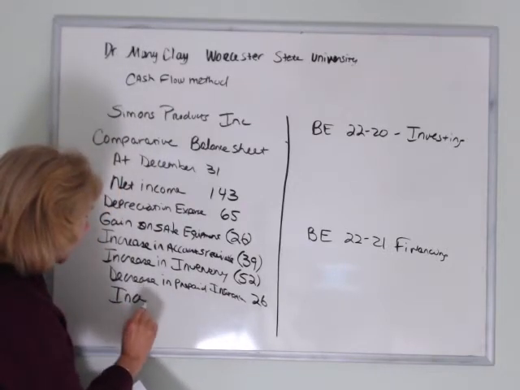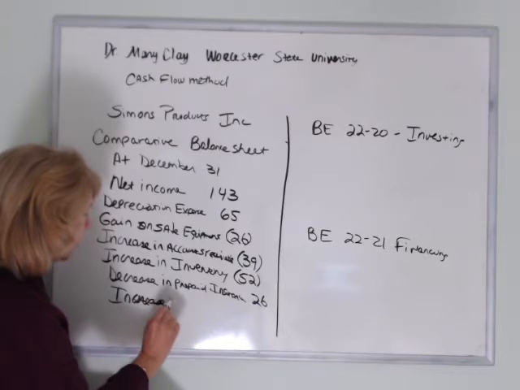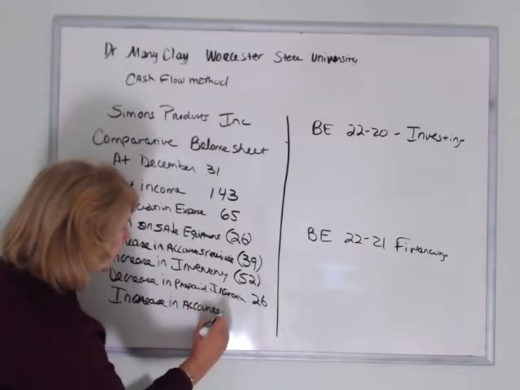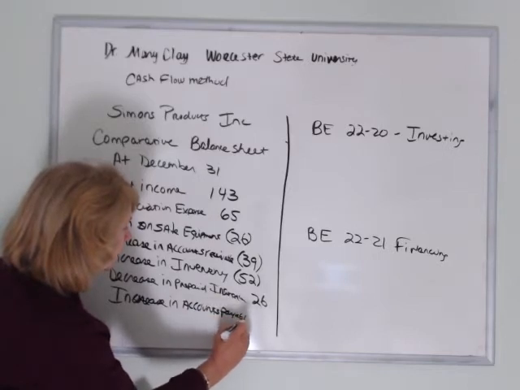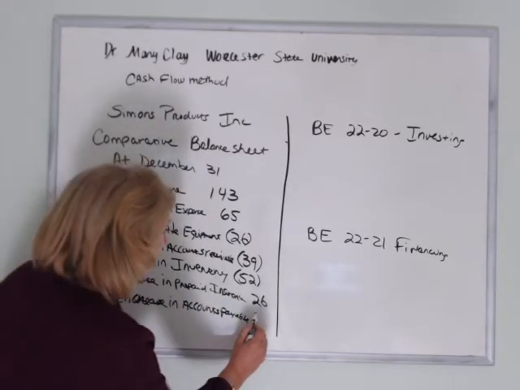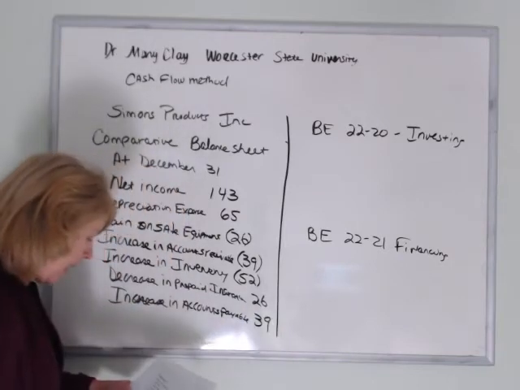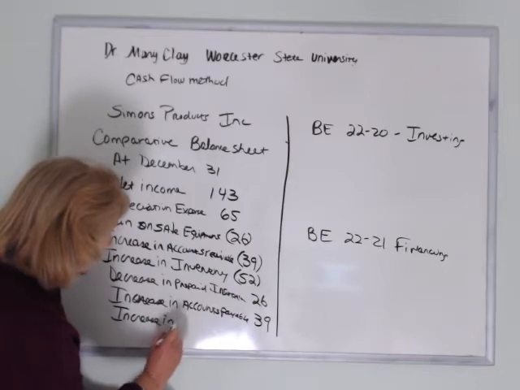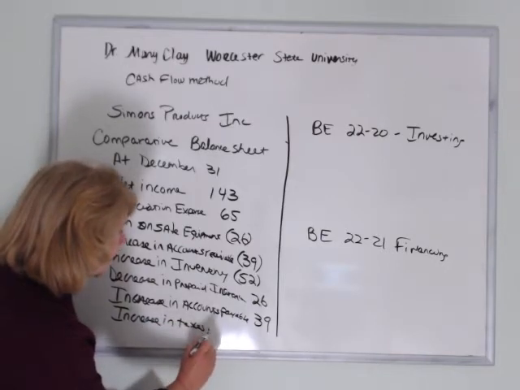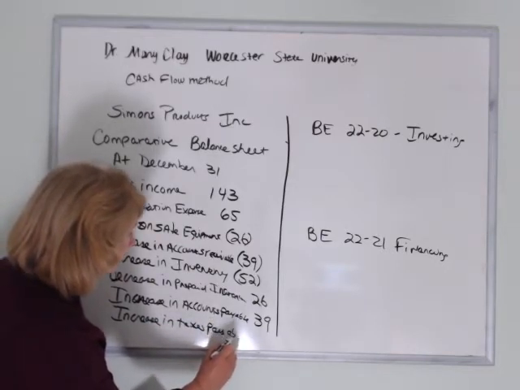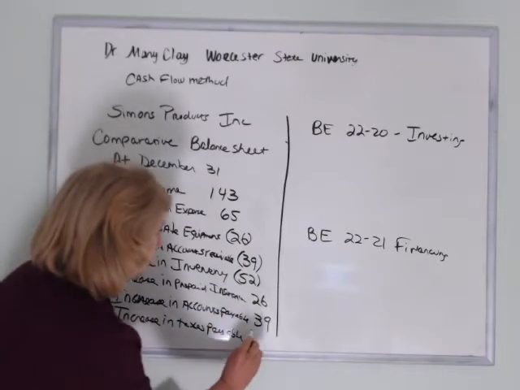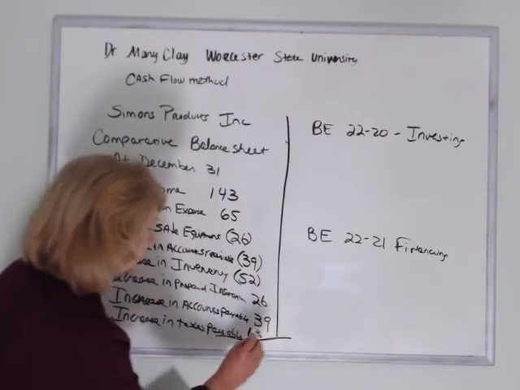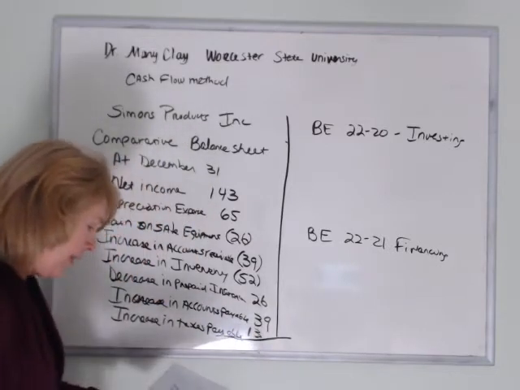Increase in accounts payable. Now this is a current liability. This will make sense. It increased, so I will show that positive. Then I have increase in taxes payable. That's 13. Oops, running out of room. All right, let me draw a line. That's 13. And that's positive.